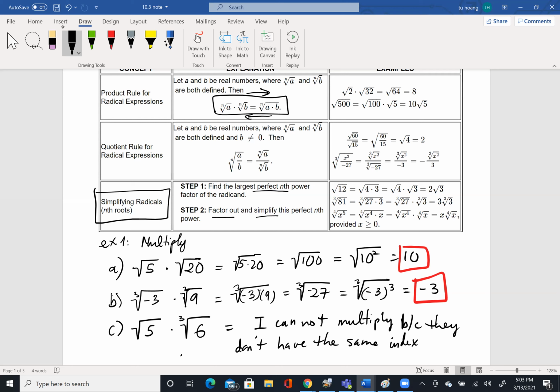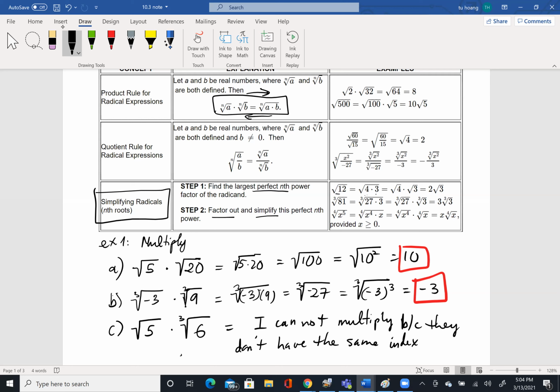I also provide some examples on the right hand side here, such as square root of 12. You can rewrite it as square root of 4 times 3, and then apply the product rule. You can split it. You have square root of 4 multiplied by square root of 3, which equals 2 square root of 3, because square root of 3 cannot factor anything.